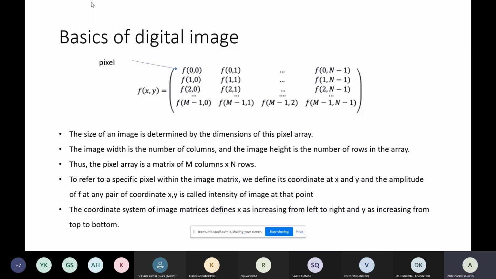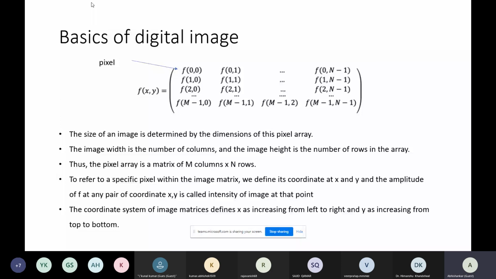The image width is the number of columns and the image height is the number of rows in the array. The pixel array is a matrix of m cross n.